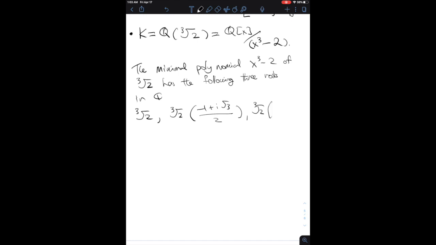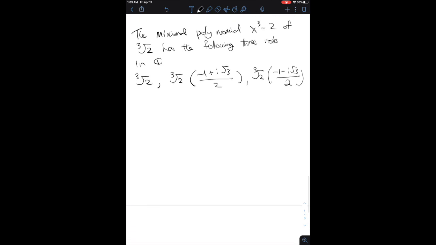So we have the cube root of 2. Then we have the cube root of 2 multiplied by (minus 1 plus i root 3) over 2. And cube root of 2 times (minus 1 minus i root 3) over 2.